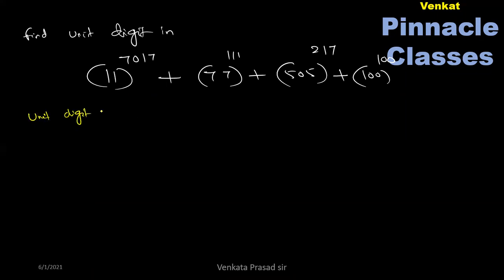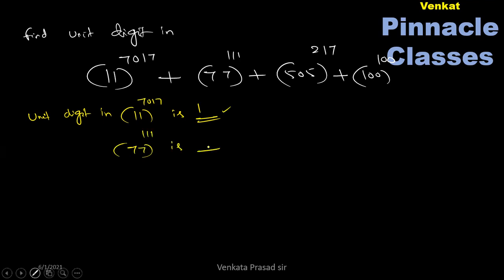What is the unit digit in 11 power 7017? Anyone? 1. Fantastic. 77 power 111. How to solve? 7. Wrong. What to do here? Find first divide with 4. Find the remainder.